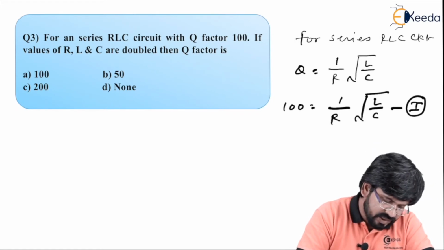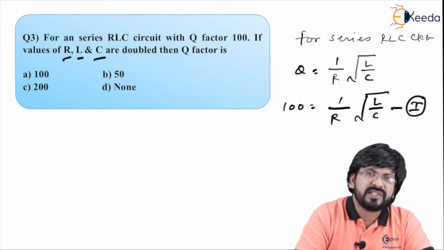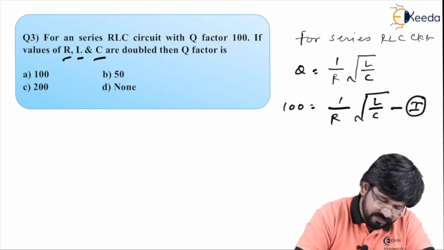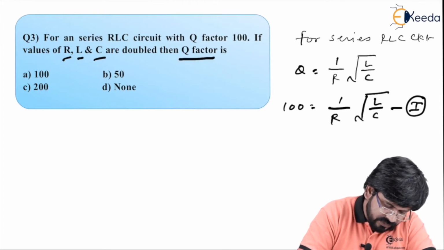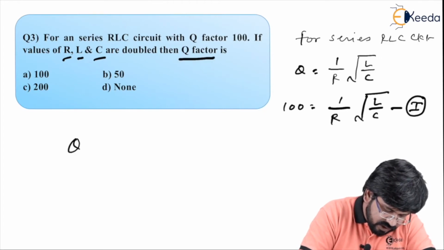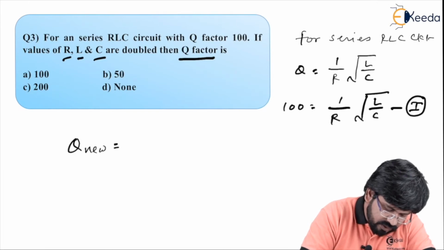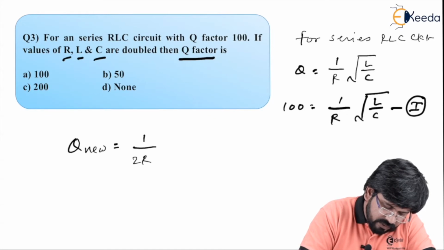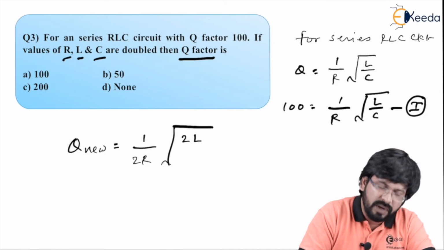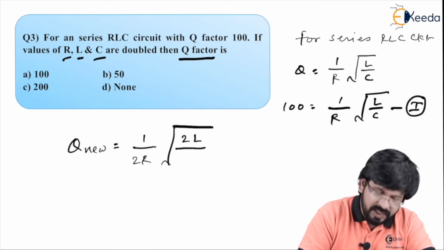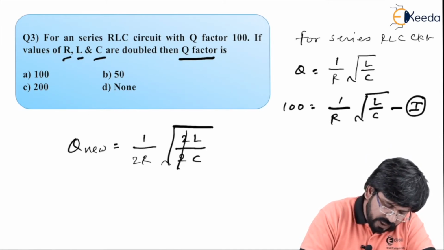Moving ahead, they say the values of R, L and C are doubled now. It means R becomes 2R, L becomes twice of L and C will become twice of C. In effect, what is the new Q factor? So I'll say Q new is equal to 1 upon R has become doubled, so the new value is 2R, under root of new value of inductor is twice of L, new value of the capacitor is twice of C. Here 2 gets cancelled.